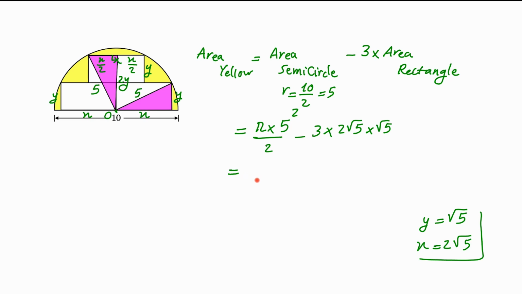And if we simplify it, we will have 12.5 pi minus, square root of 5 times square root of 5 equals 5, and we have 3 times 2 times 5, which is equal to 30, and if you use calculator we finally have 9.3. So the area of yellow shaded region is equal to 9.3. This is the final answer to the problem.